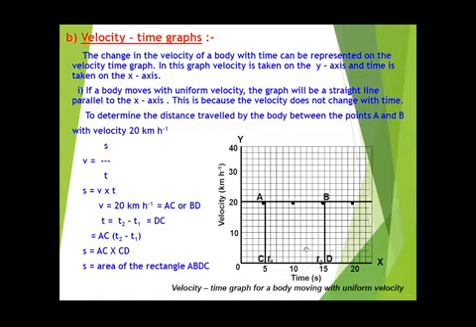So, in case of uniform velocity, when the graph is plotted between velocity and time, if we want to find out the distance traveled by the object on moving from point A to point B, it is nothing but the area covered by the rectangle A, B, D and C.